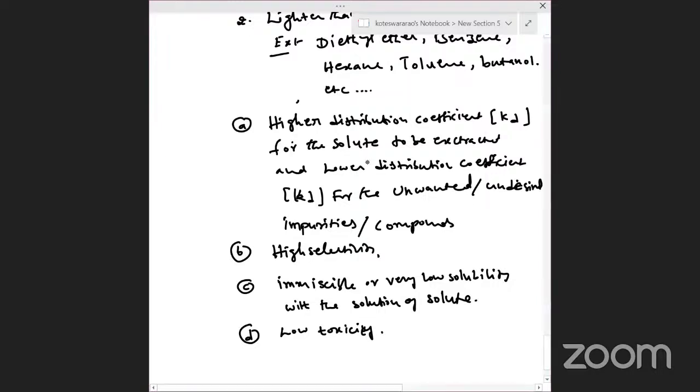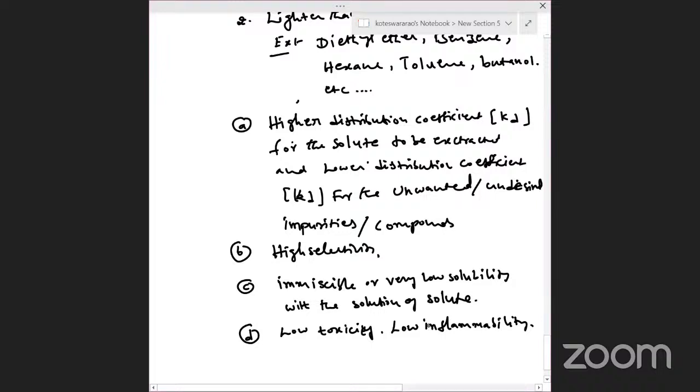Next, low flammability. Here again, this is also an important factor. Inflammability means it should not catch fire. It must be temperature resistant. It should not easily catch fire because we are working with so many organic solvents.